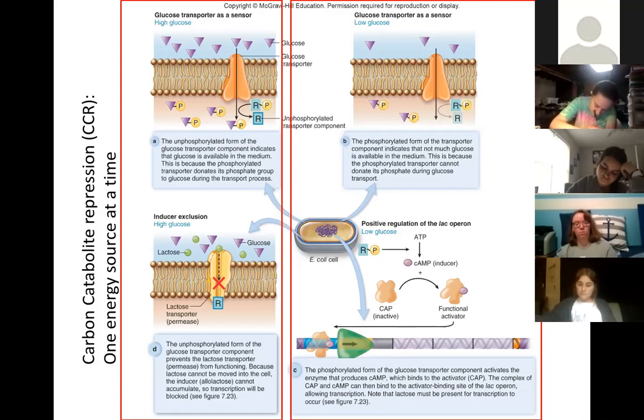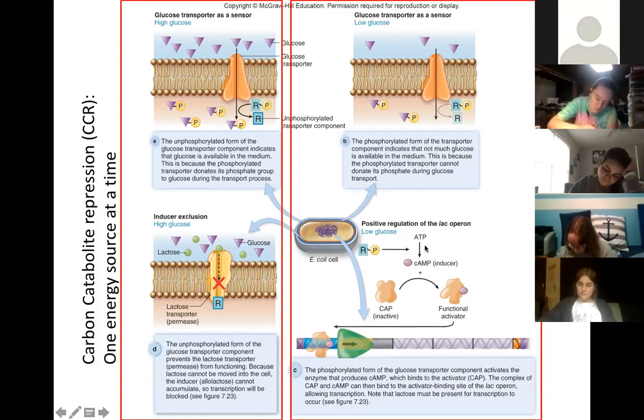If you want to know why it's cyclic, Google it, and you'll see that its structure is kind of circular. If you're expecting a perfect little circle, you're going to be disappointed, but it's a circle-like structure, so we call it cyclic AMP. Cyclic AMP becomes the inducer that is needed for the CAP activator.